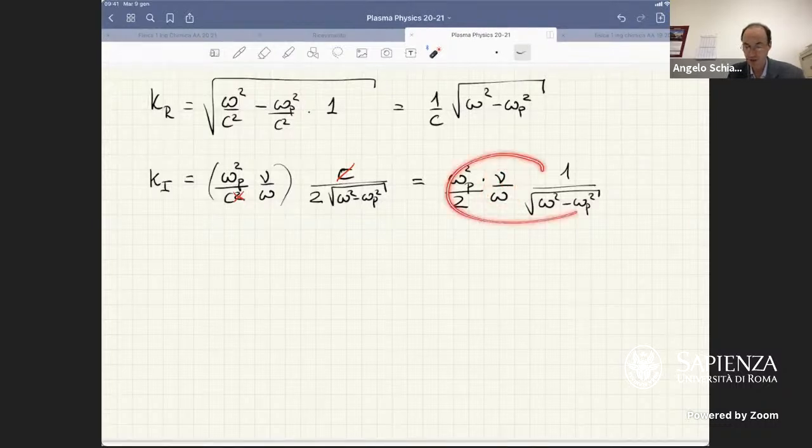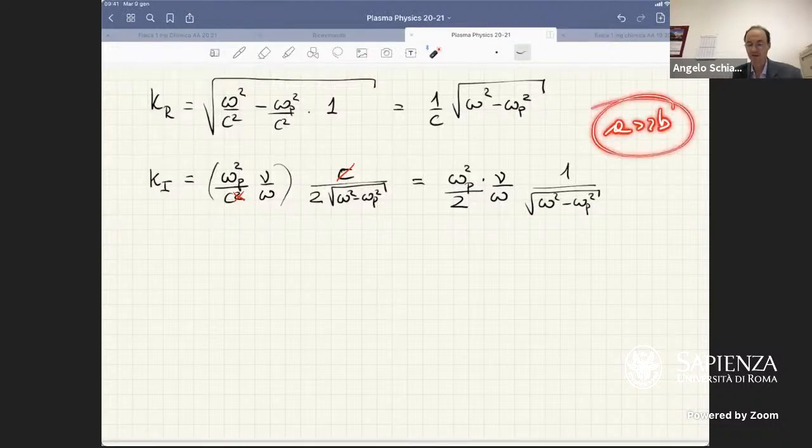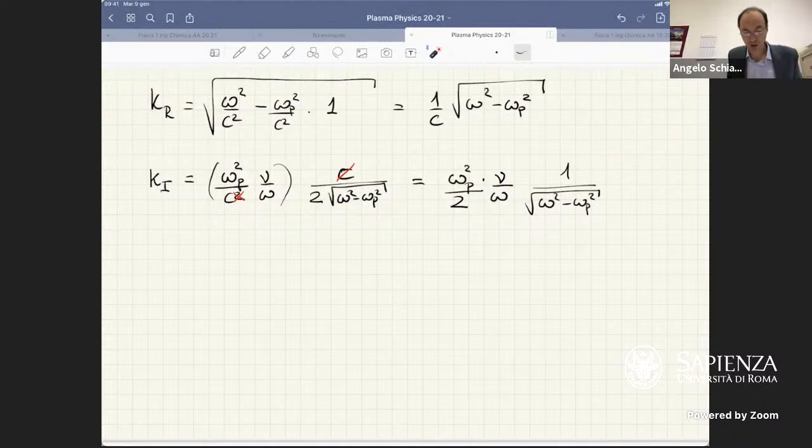So this term is much smaller than the first one, and A is much larger than B. So the approximation that we were using just before holds in the present case.